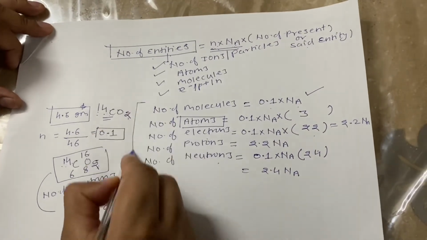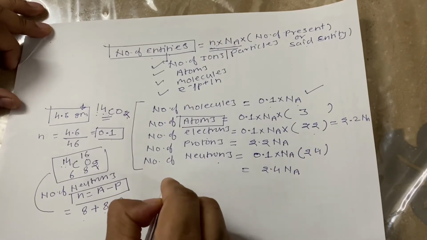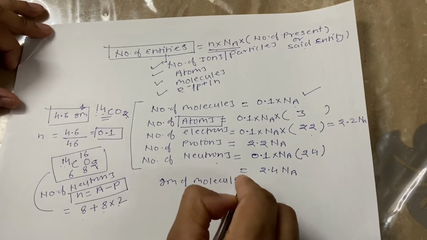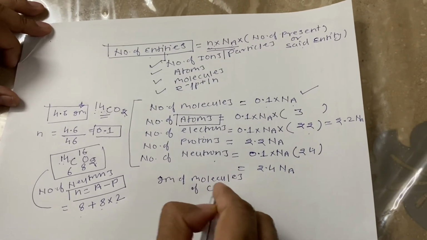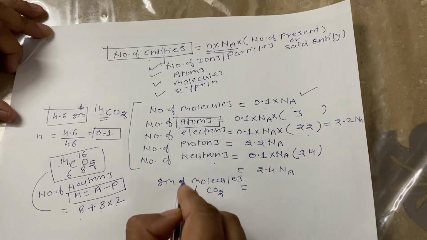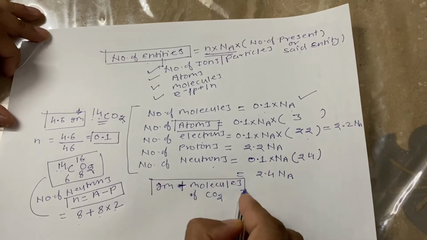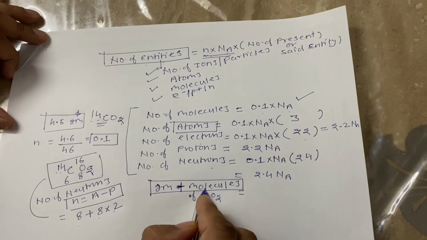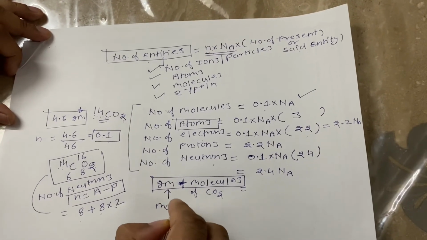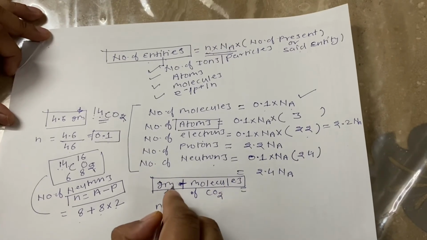One thing more: if it is required to calculate the number of gram molecules of CO2, then the gram molecule is the amount which in the modern view is called moles. It is not the molecules, it is not the entity.